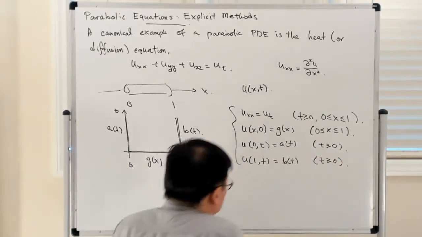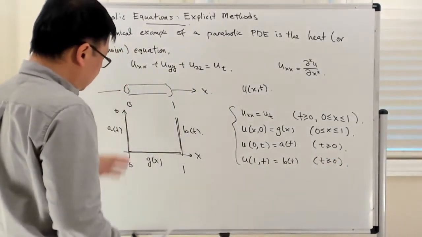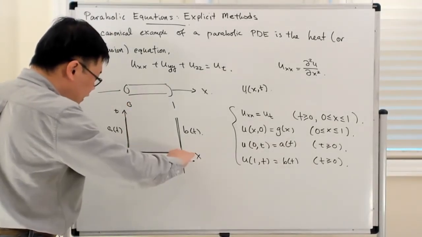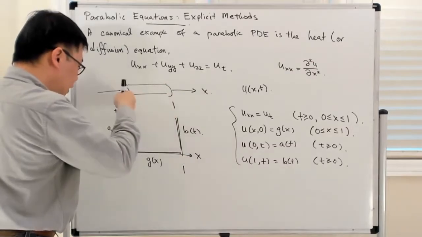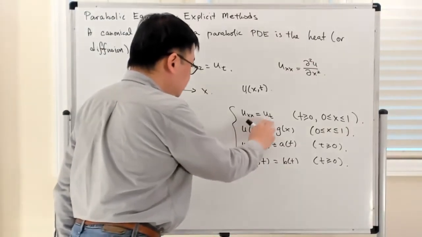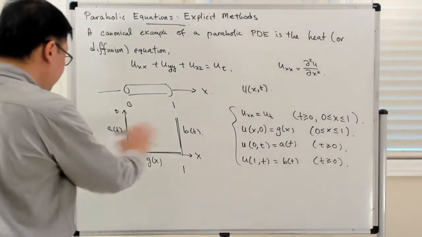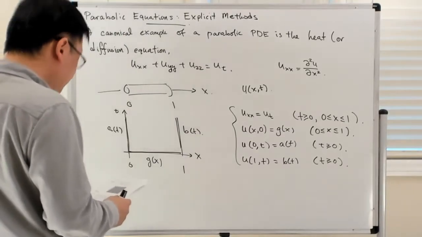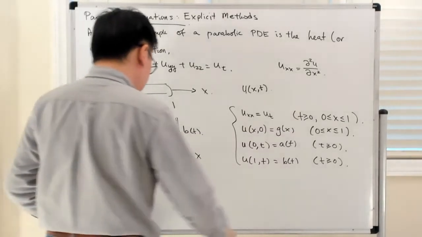So you specify the conditions on the initial time slice, and then the left and right endpoints for all time. And then you have this partial differential equation telling you how the heat is diffusing over the rod. That's the basic idea.